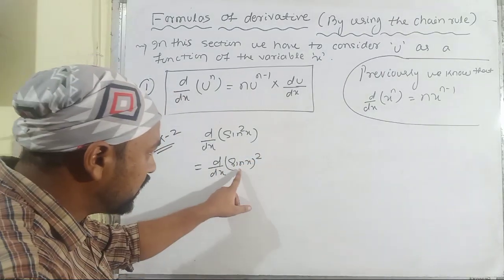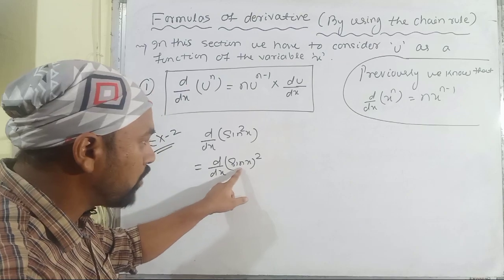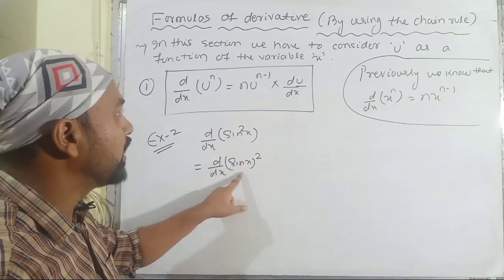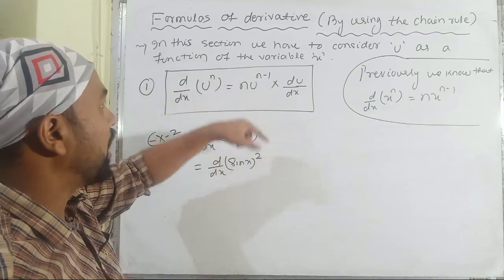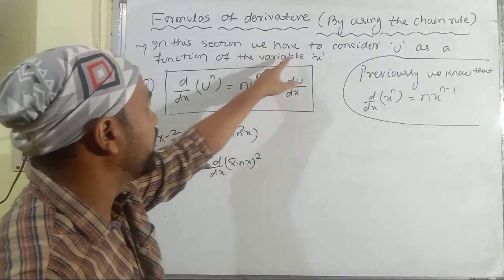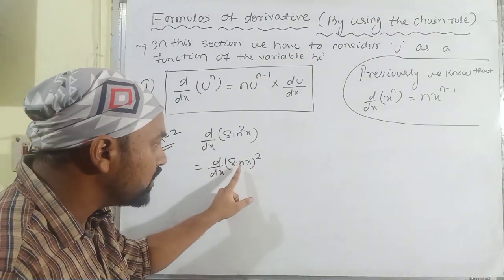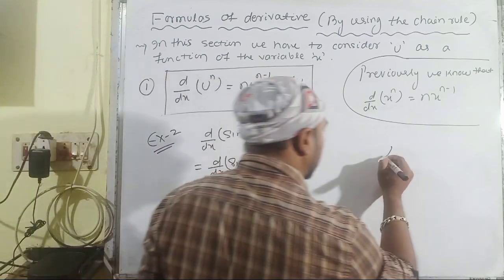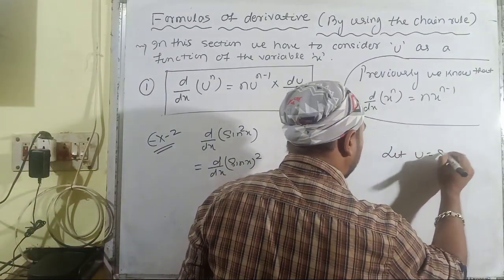Now you can see that this will be the u function. Sine is in terms of x. So sine x is the u, because we have already considered that u is a function of the variable x. So let us consider u as sine x.